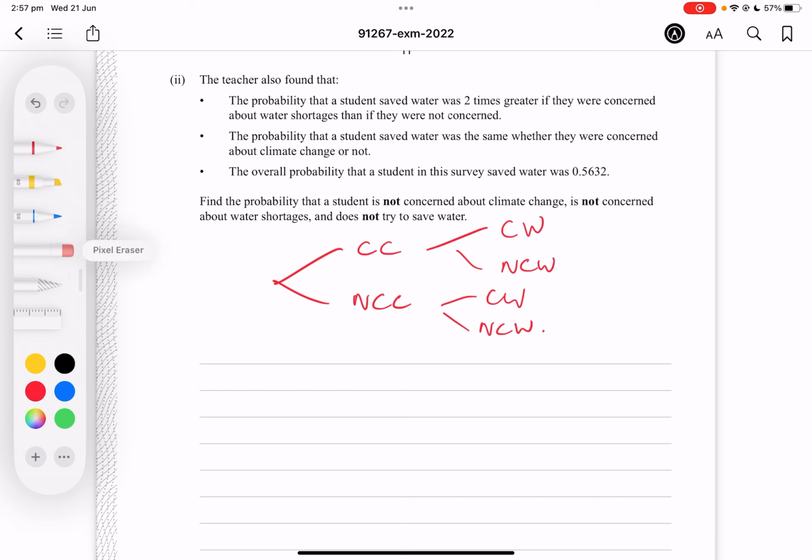So probability that a student saved water was 2 times greater if they were concerned about water than if they were not concerned. So we can branch this one out to save water, not save water, save water, not save water, save water, not save water.